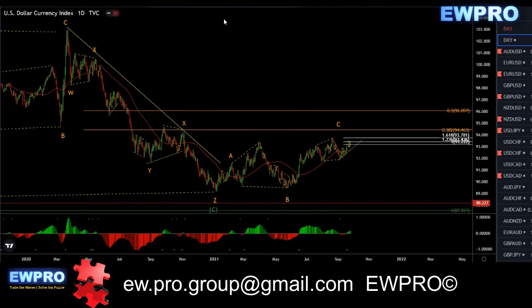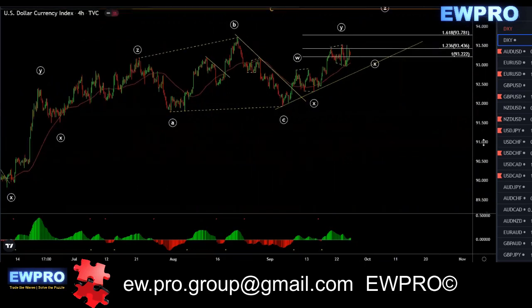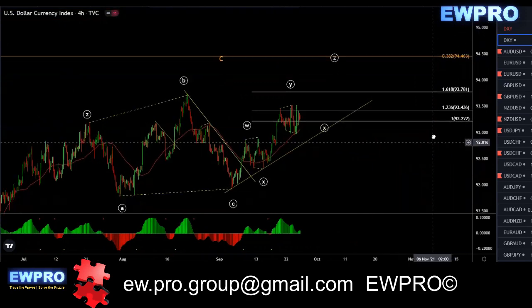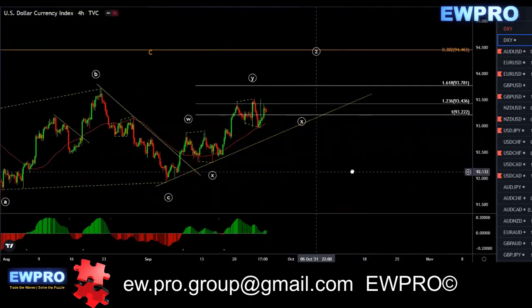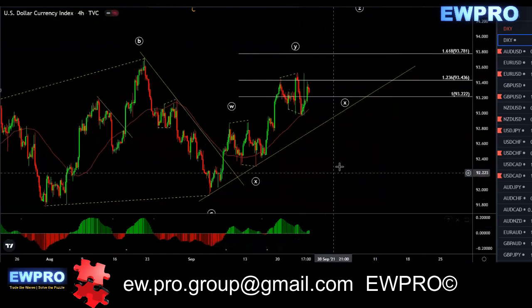Now we're looking for that A, B, C in here as well, so it's starting to get quite complex. On the H4, last week we were looking for a correction in wave X, in wave X2. We didn't quite get the cross down on the MACD.